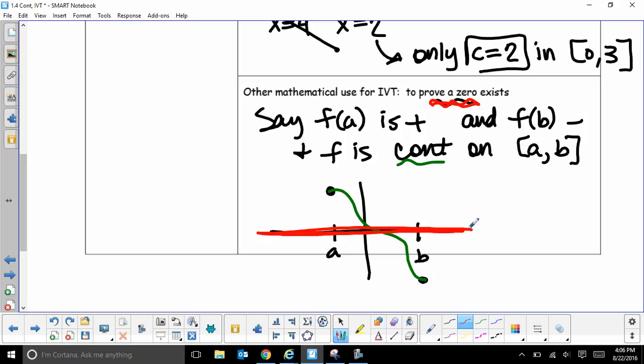This is where you're trying to show the in-between or intermediate value is k equaling 0.